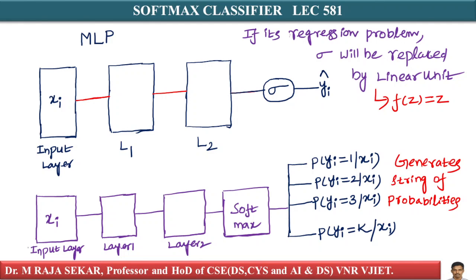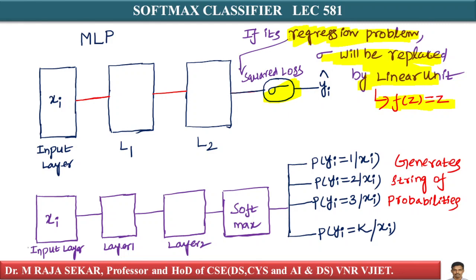If it is a regression problem, the sigmoid will be replaced by a linear unit. In the case of regression, you can use a simple linear unit.